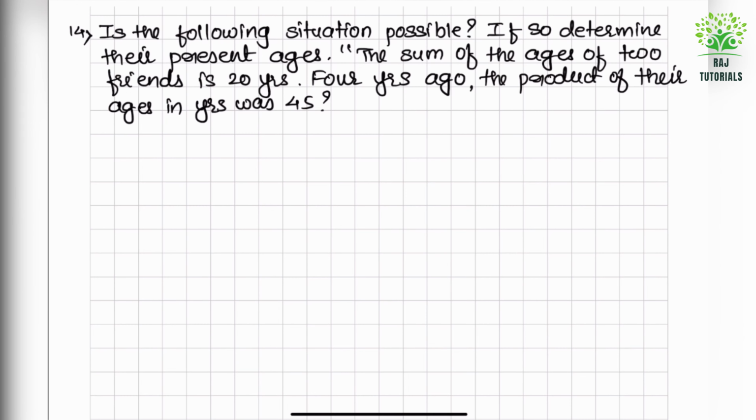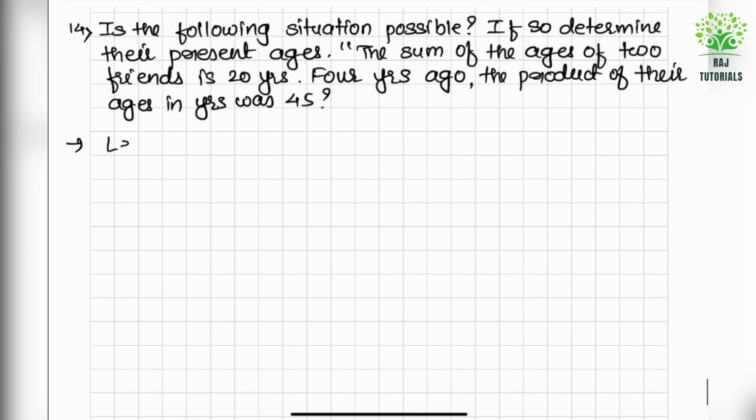Next it says, is the following situation possible? If so, determine their present ages. The sum of the ages of two friends is 20 years. 4 years ago, the product of their ages was 45. So, let the age of one friend be x.